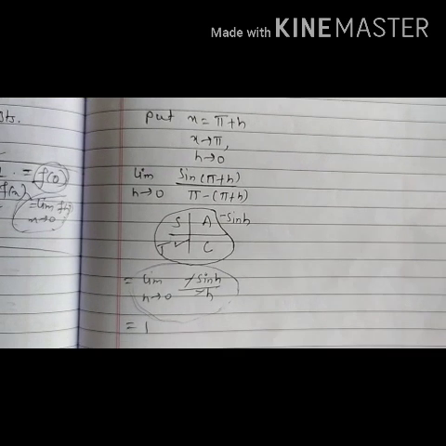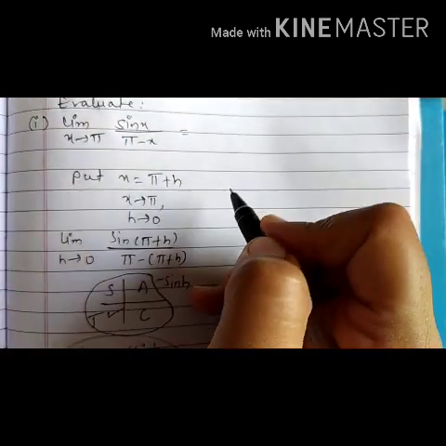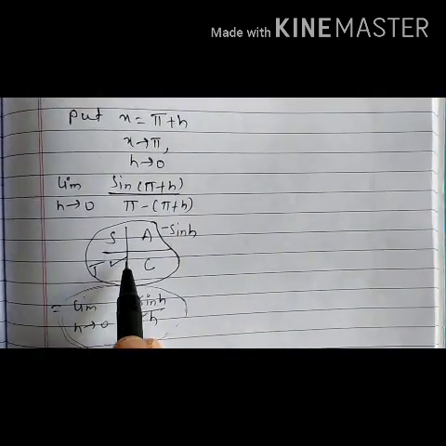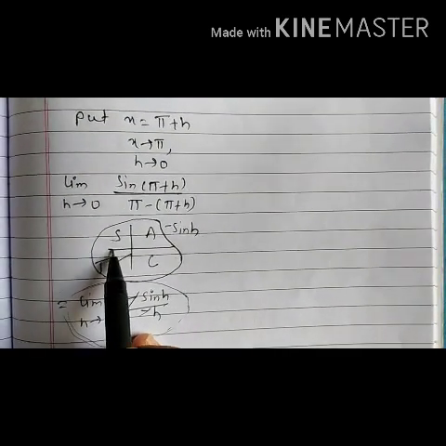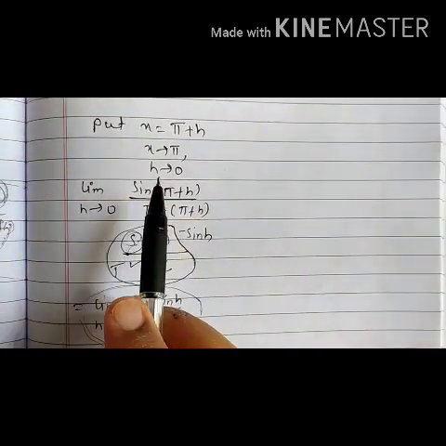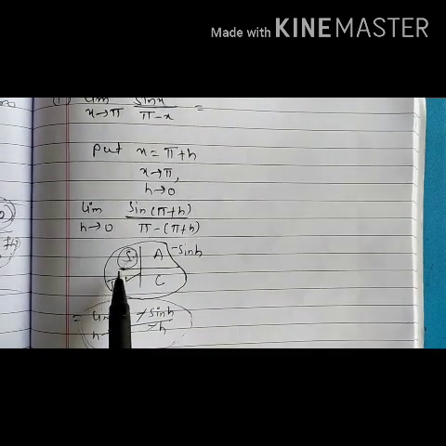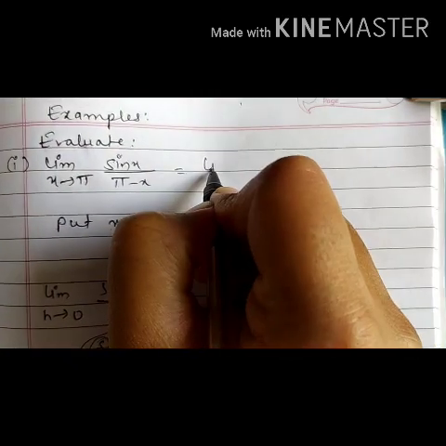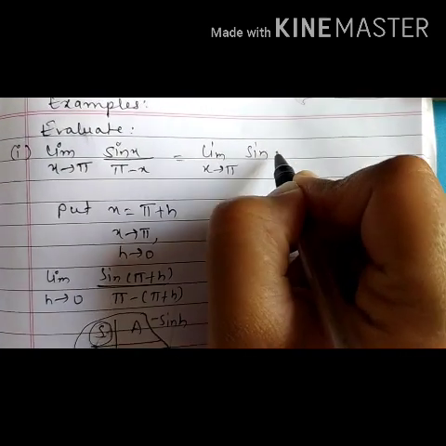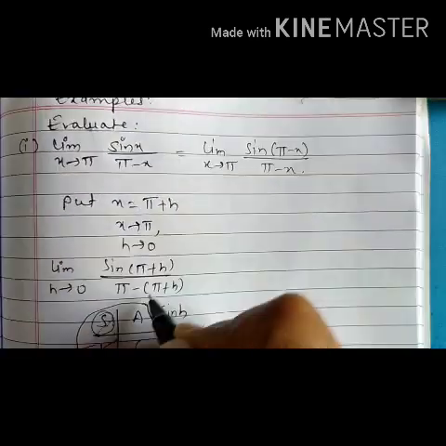Students, one more method we have. We can write this sin x as sin of pi minus x, because pi minus x will be in the second quadrant, so sin of pi minus x is sin x and it is positive. So we can write this as the limit as x tends to pi of sin of pi minus x upon pi minus x.